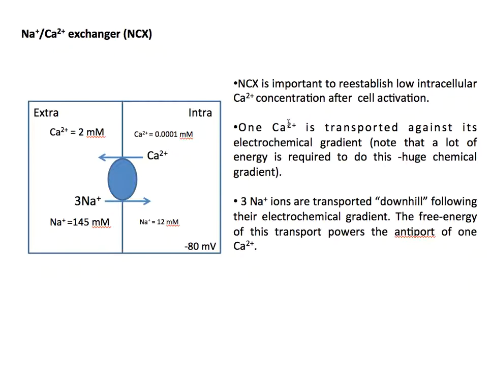So you want to be able to control this value. So NCX allows you to use high sodium concentration outside to drive out calcium ions. So sodium ions are going to come in and you're going to push calcium ions to the outside. And remember, calcium ion concentration outside is very high and it's in the nanomolar range inside. So 3 sodium ions come in and 1 calcium ion goes out. As you can see, it is electrogenic and it's an antiport. And this is a secondary active transport.